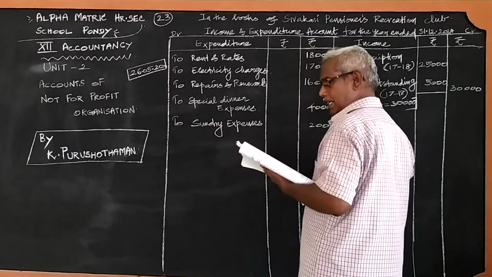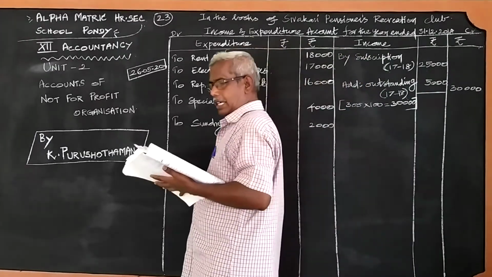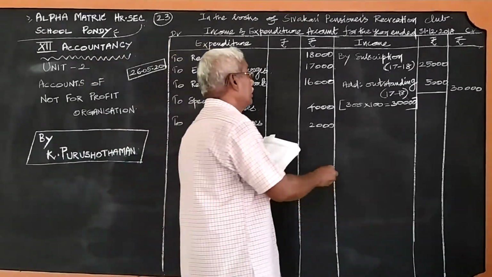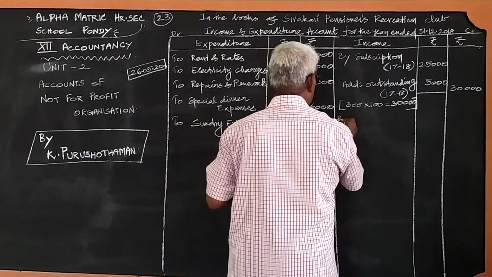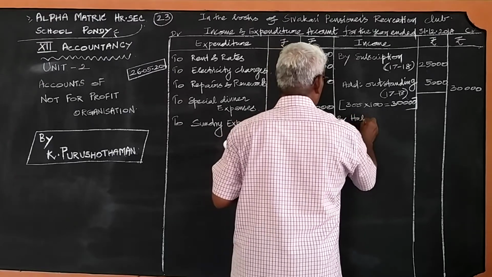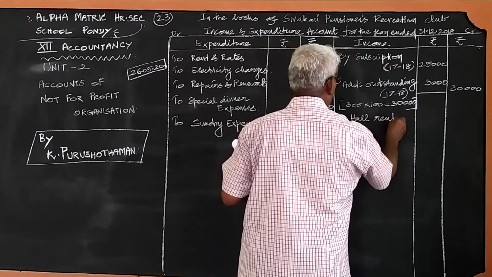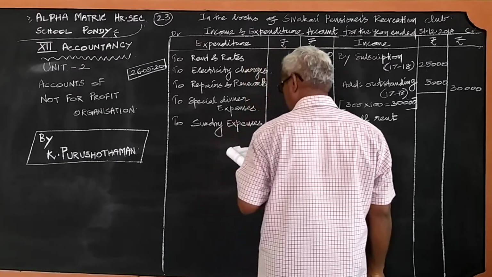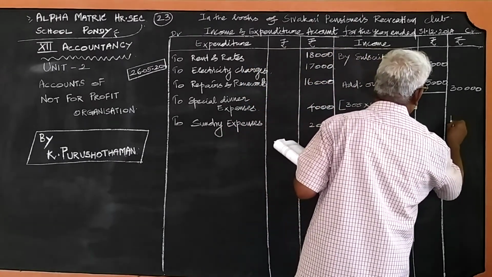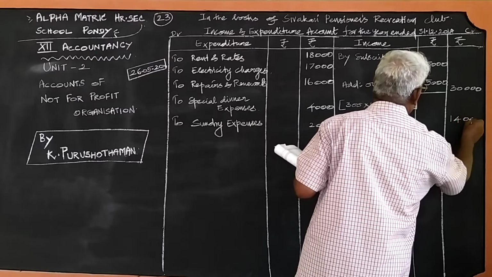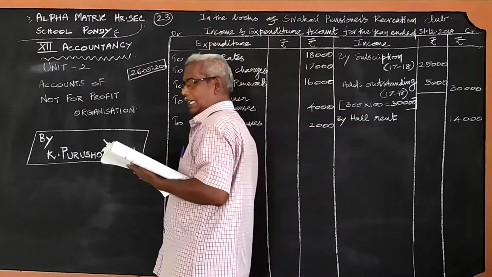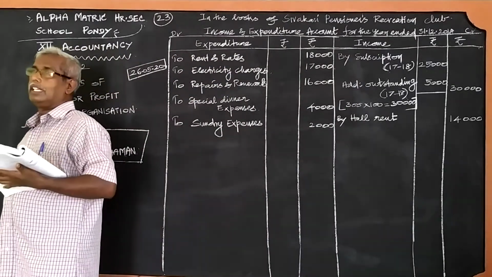Right. The next one, rent from hall. That is hall rent, 14,000. I left out legacies in the middle.